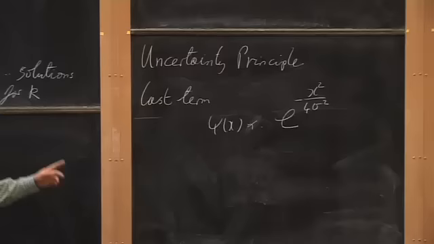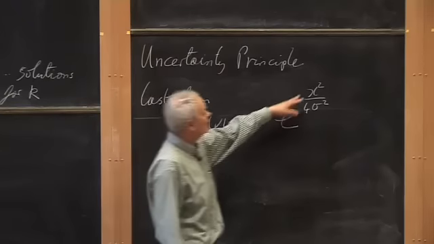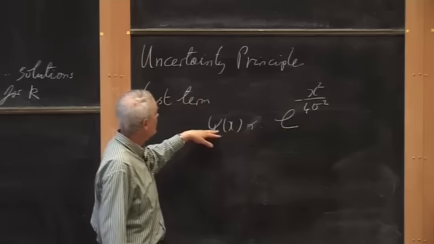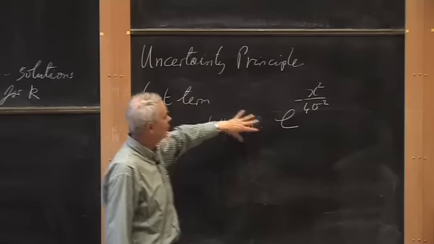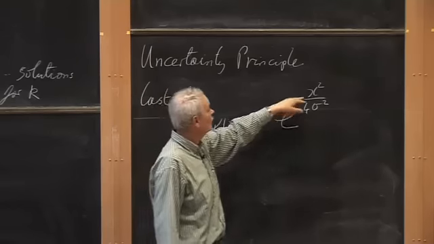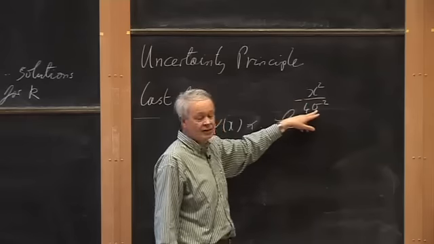So we considered a wave function whose spatial form was a Gaussian, such that when you mod squared this in order to get the probability distribution, you found that it was a Gaussian with dispersion sigma.